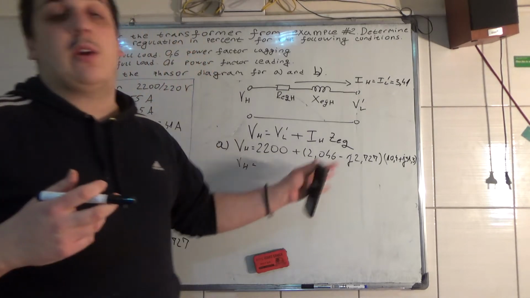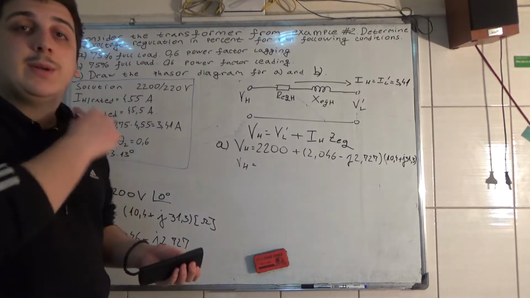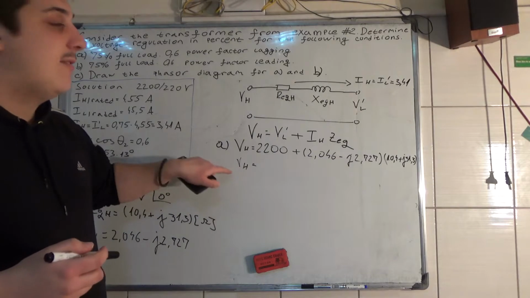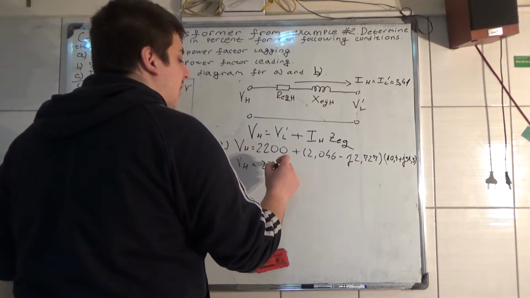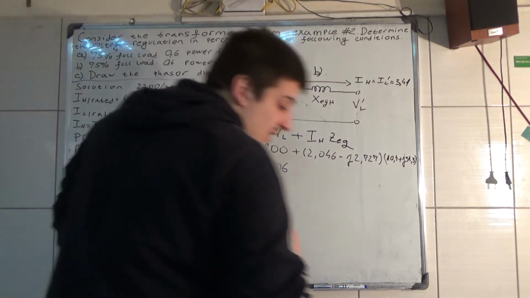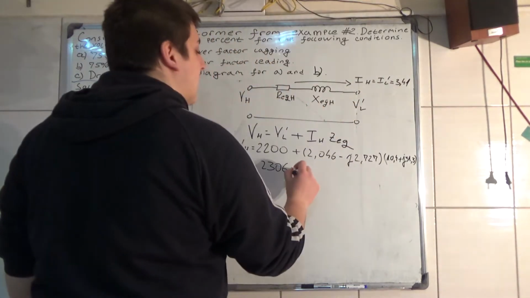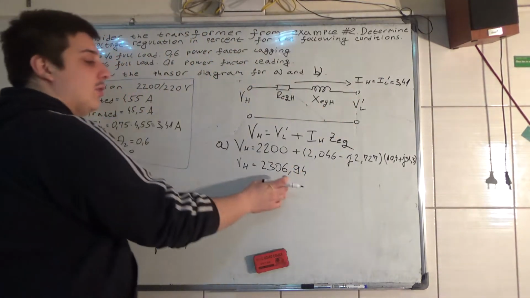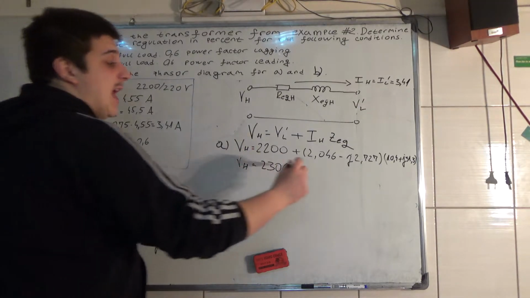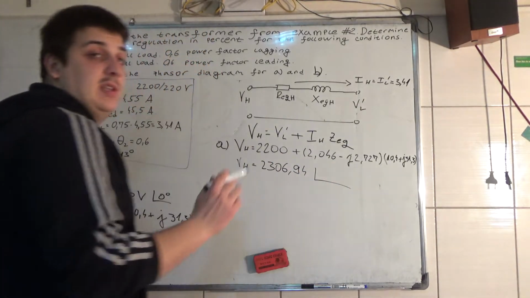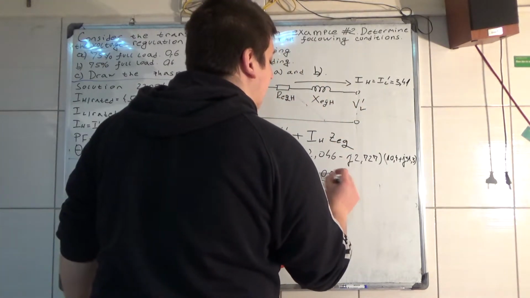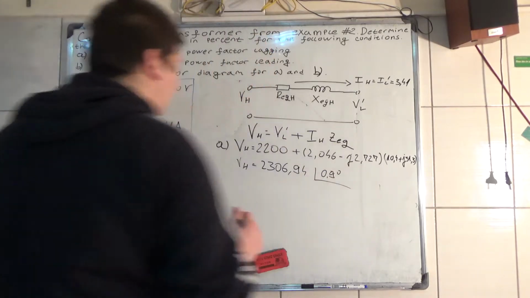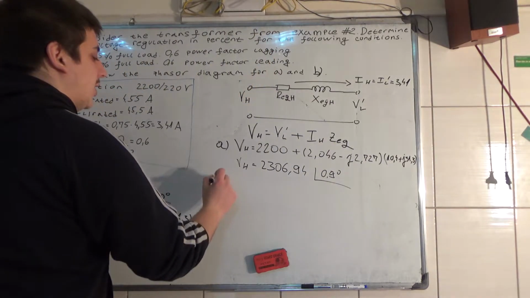You can easily calculate this, and then in the end you get that the high voltage here is equal to 2306.94. So this is the amplitude of the voltage, and its phase is 0.9 degrees.